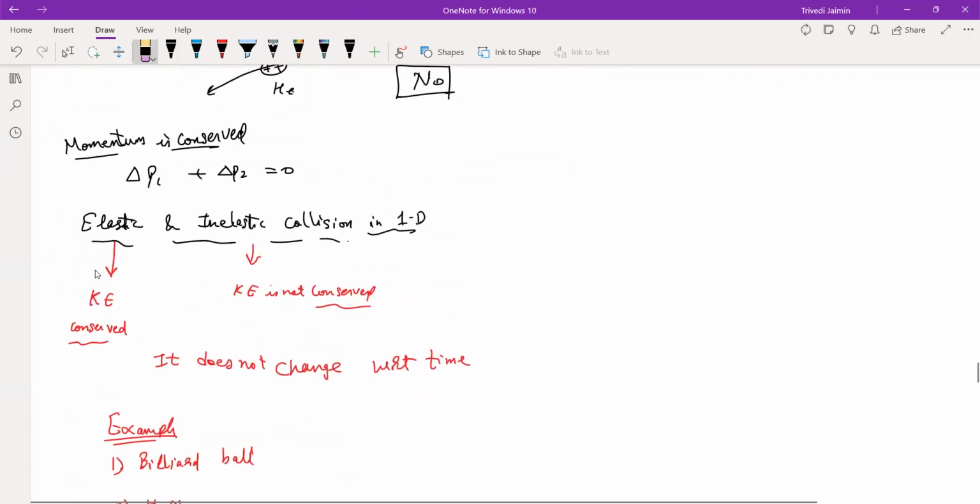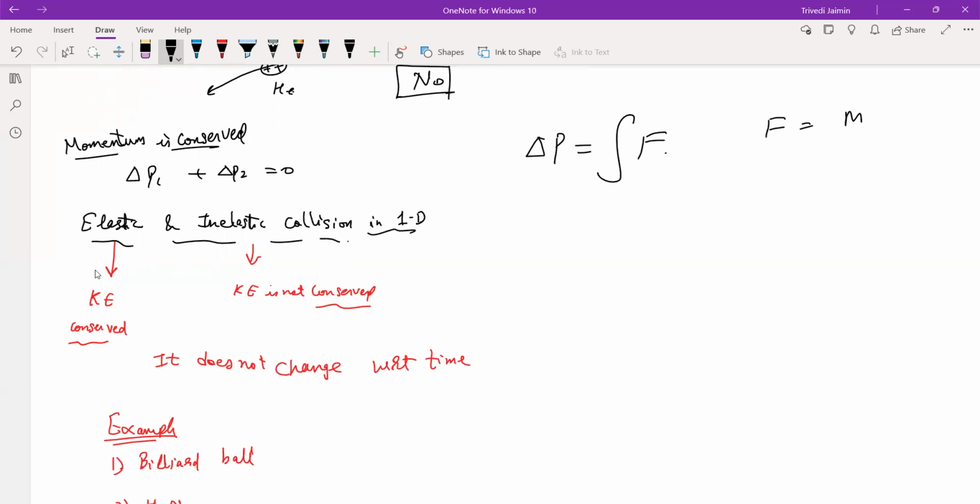Okay then. Momentum. In collision, what is the main purpose? Momentum should be conserved. If I say delta P, the change of momentum, what is force? Momentum by time, the rate of change of momentum.